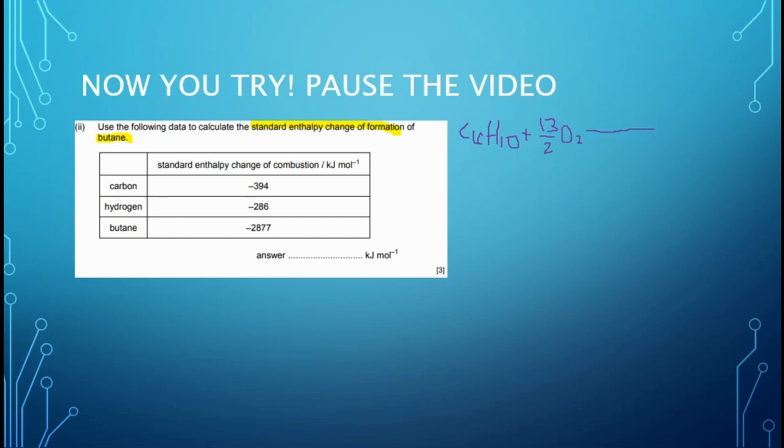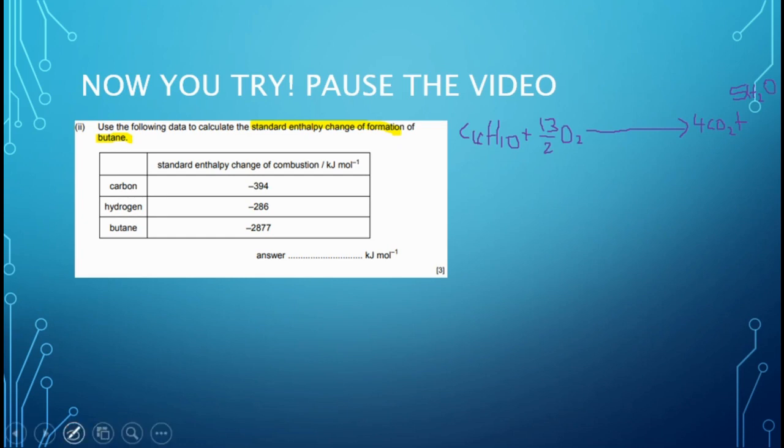Now let's have our little arrow pointing that way, and on this side we have 4 CO2 plus 5 H2O. There we go.